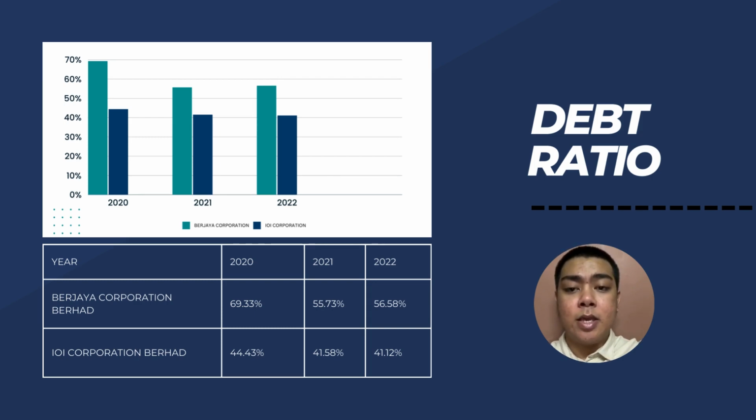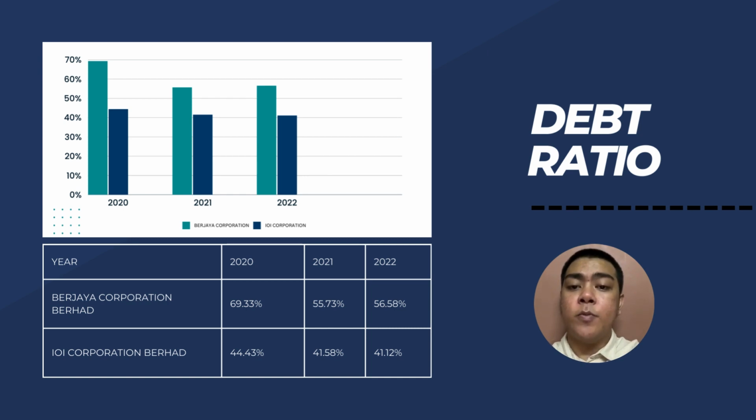As we can see in this graph, IOI Corporation Berhad shows decreasing debt ratio between 2020 and 2022, from 44.43% to 41.12%. It means that the company indicates a lower risk of debt in its financial structure.